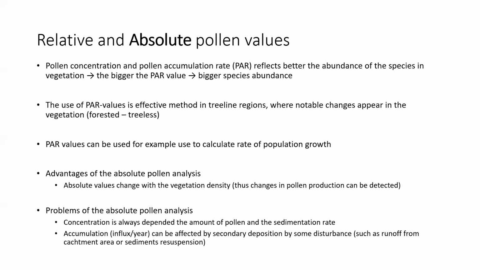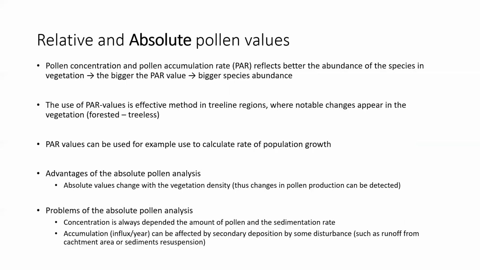And then also, for example, it can be biased from the secondary deposition, or if there's some disturbance in the sedimentation, or if there's more runoff in the area, then there can be problems in the reliability of absolute pollen values. But it's been used quite successfully.